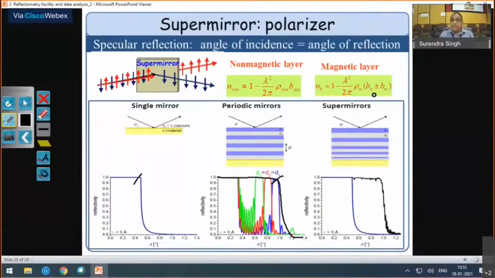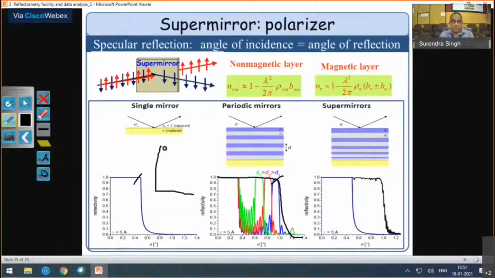But for spin down, it becomes Bn minus Bm. If you choose it such that this becomes equal to the non-magnetic part of that material, then spin down won't see any change in refractive index, so it will be transmitted. So basically you are doing that.